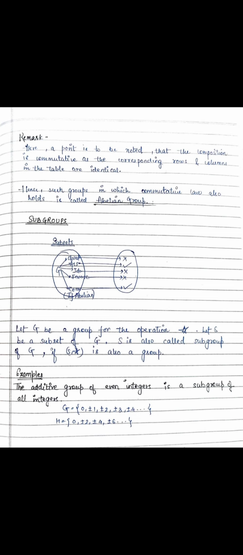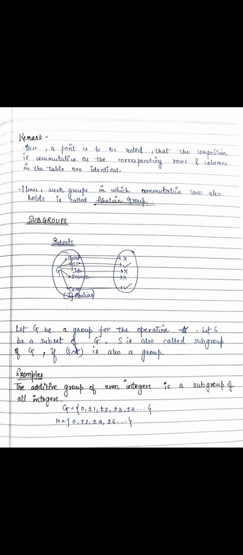Its subset H is the set of even integers, that is 0, ±2, ±4, ±6 etc. We have to prove that H is a subgroup of G. For that, H should satisfy two conditions. Firstly, it should be a subset of G, which it is, and secondly, it should satisfy all the conditions of a group.